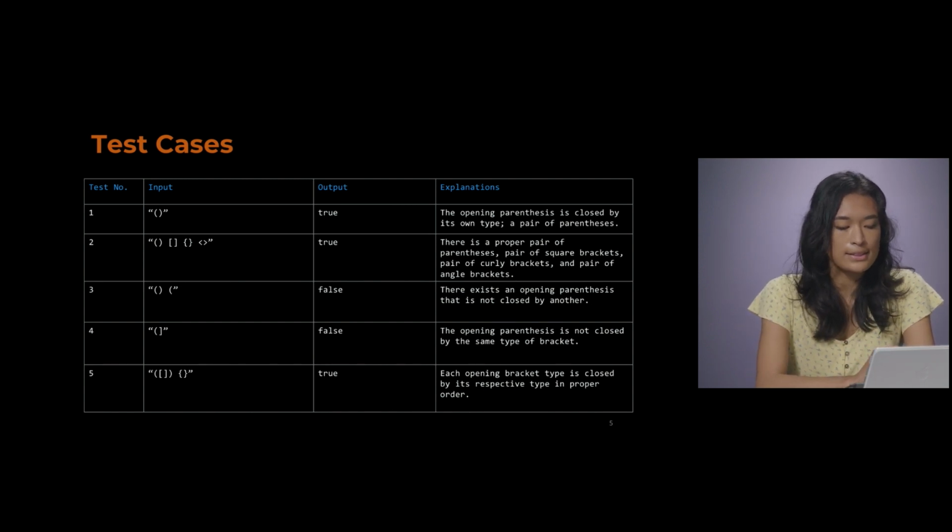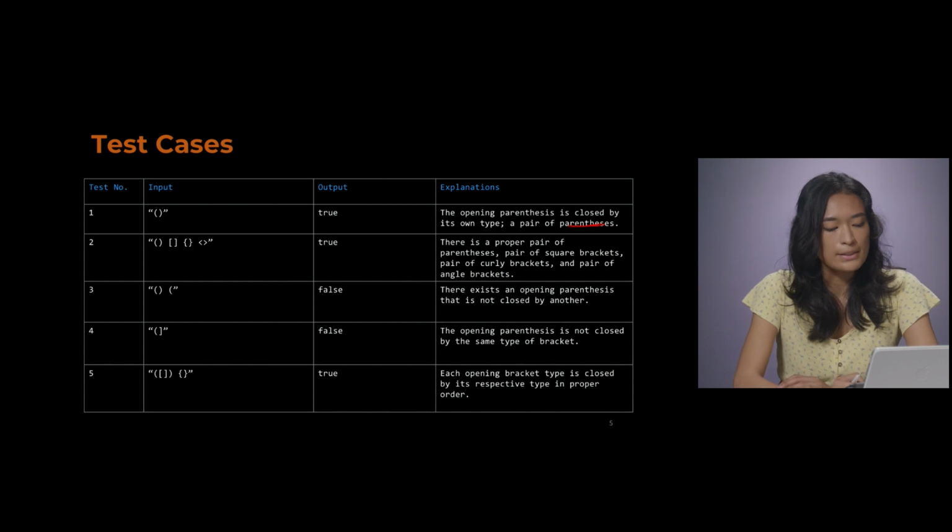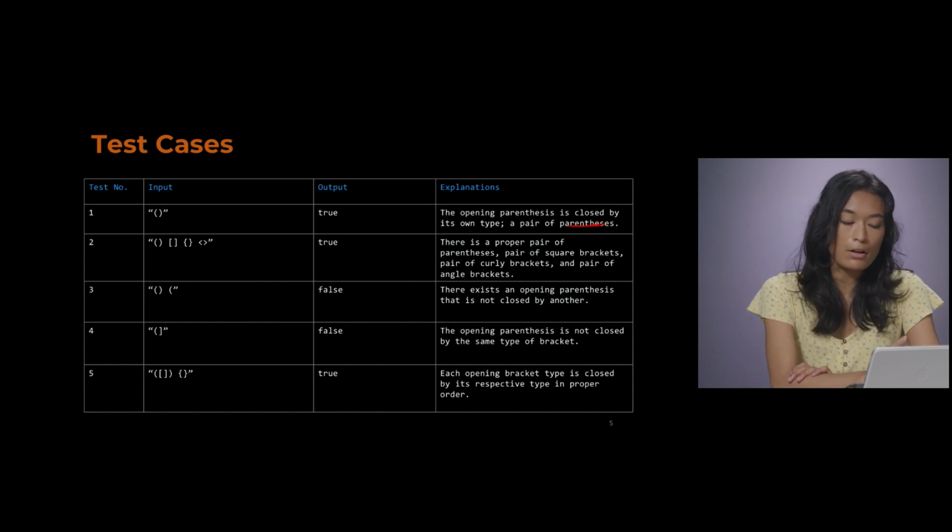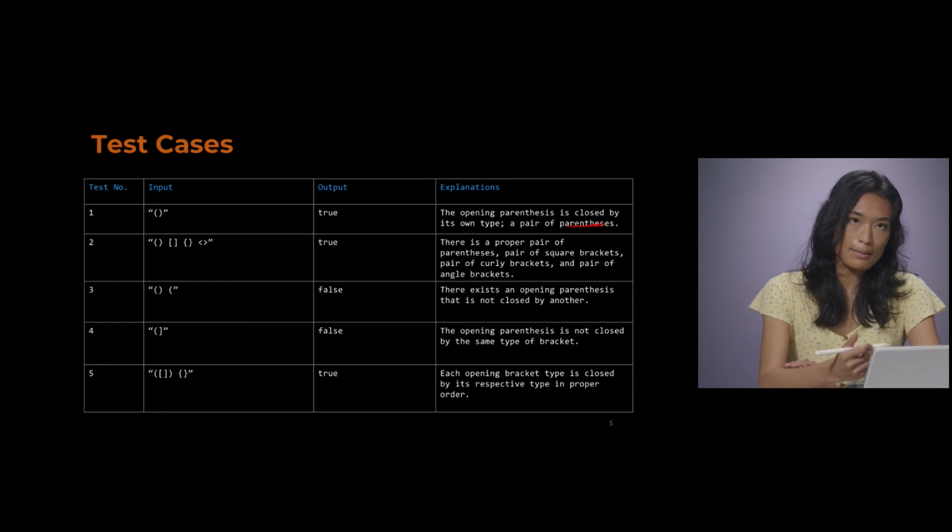Now for the test cases of our problem statement, for test case number 1, we have an opening parenthesis and a closing parenthesis forming a pair of parentheses. Since we have an opening bracket and a closing bracket of the same type, our output for this case will be true. For our second test case, we are given all 4 types of brackets from the problem statement, and in each bracket where we have an opening bracket, we are closed by the same type of bracket.